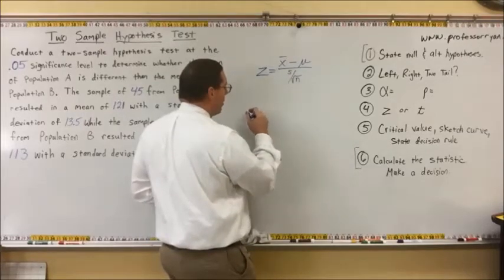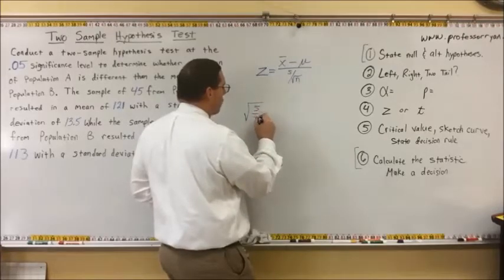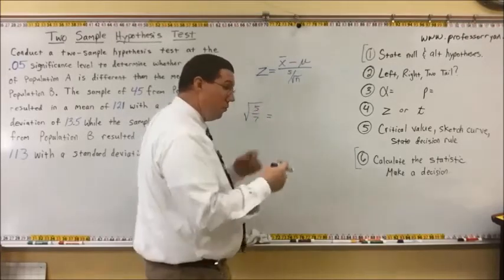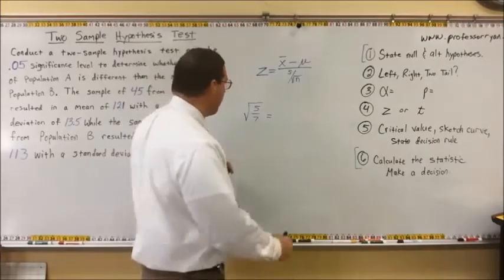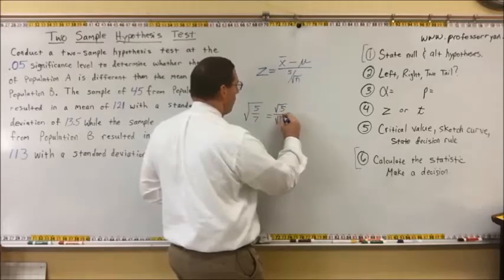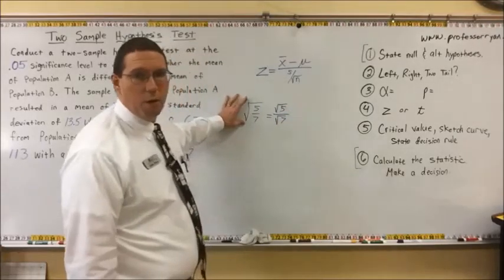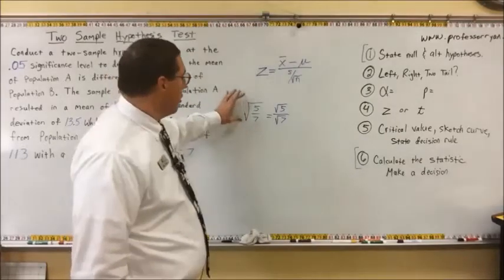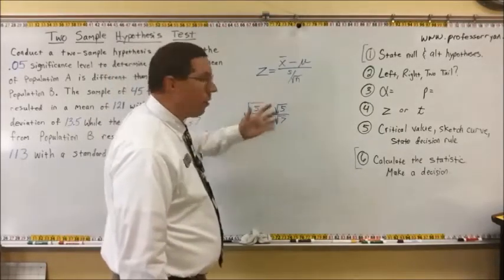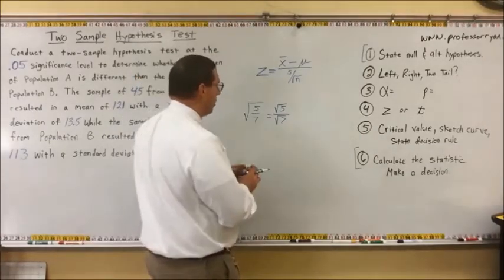Let's say that I had the square root of 5 over 7. Now, I don't know if you know this, but this is the same thing as the square root of 5 over the square root of 7. So you can actually split up a square root of a fraction into the numerator and the denominator. Okay? So that's the first thing I want to show you.